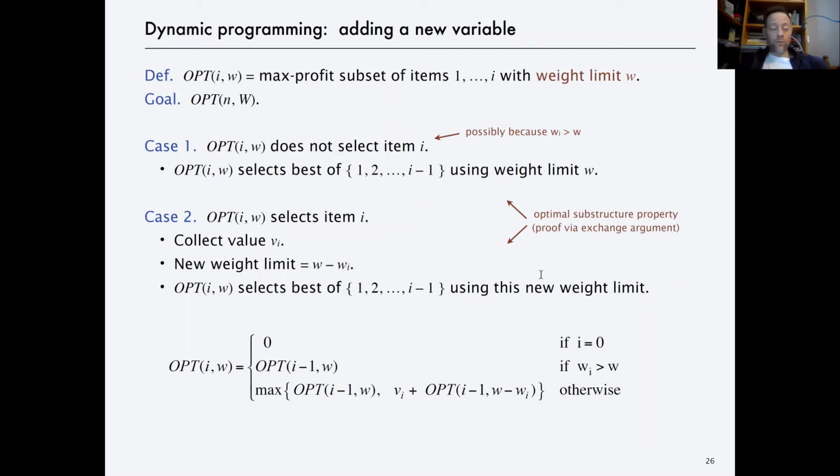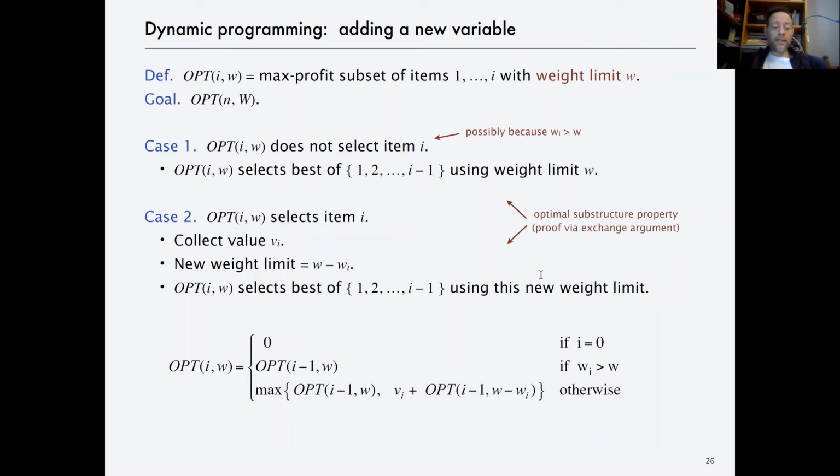And again, we have these 2 choices. Either we do not include item I, for example, because it's way too much, or we don't want to use it. And in this case, W is the same, so we still have the same amount of weight left, but of course we need to reduce I by 1.